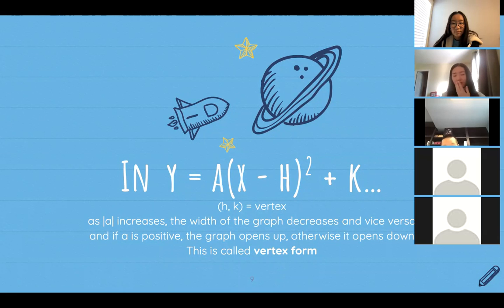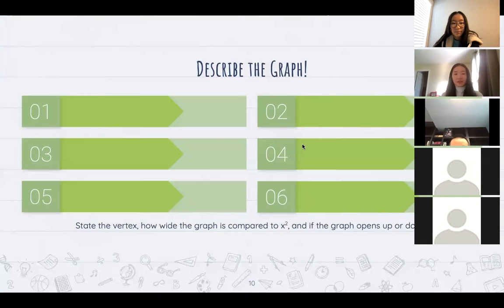And vice versa. If it gets really small, positively or negatively, it becomes wider. And if a is positive, the graph opens up. Otherwise, if it's negative, it goes down. And yeah, it's called vertex form. You'll learn about these forms in class one day.